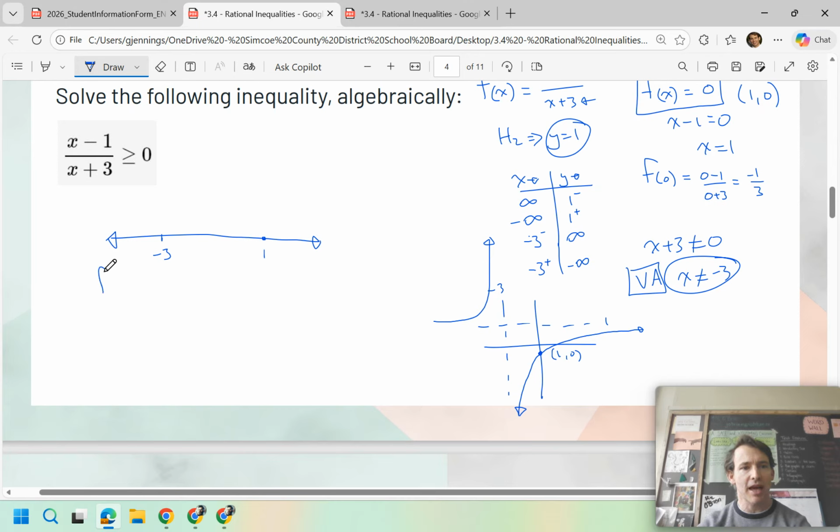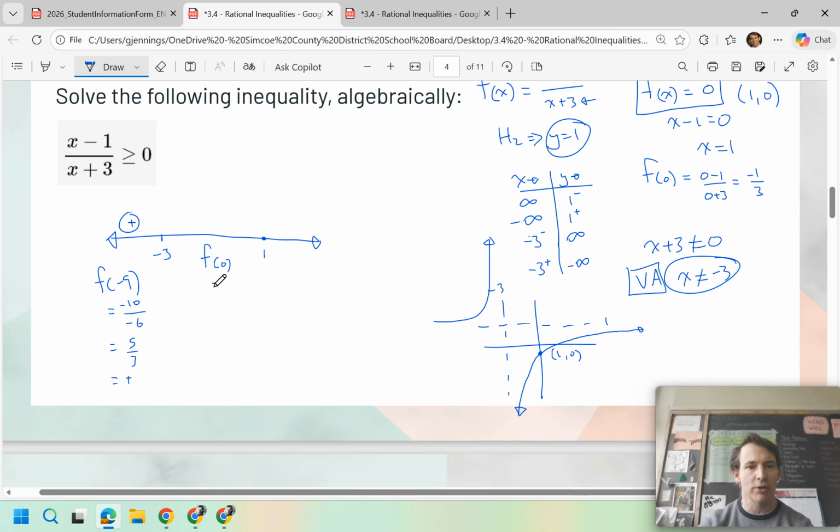Let's test f at -9, because that's clearly past -3. And then we get -10 over -6, which is a fancy way of saying 5/3, which is a positive number. So in this range, we are positive over here. Between -3 and 1, let's check f at 0.